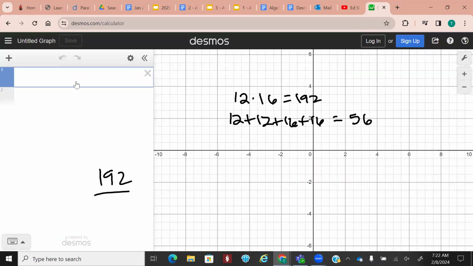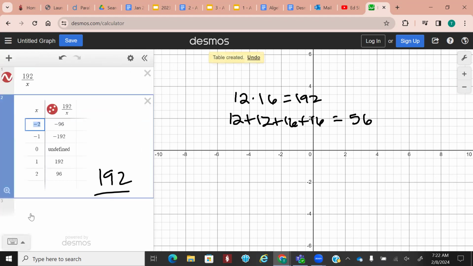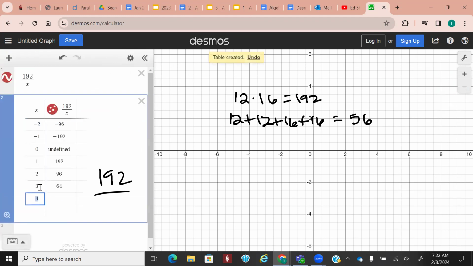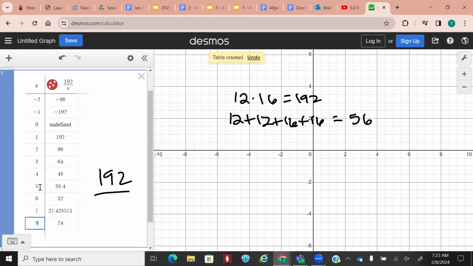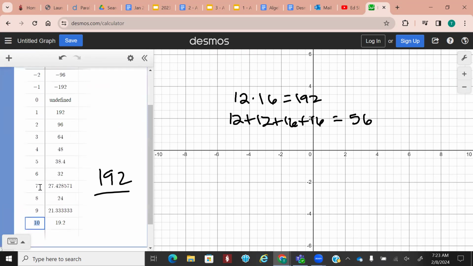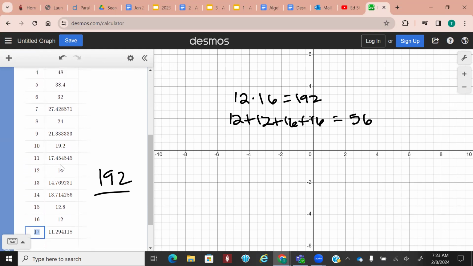Okay, so if I do 192 divided by x and go into my little table and continue adding numbers on here, then I can check them. Notice how these numbers get big and then they start coming back down, right? Okay, so 12 and 16 are probably the biggest dimensions.